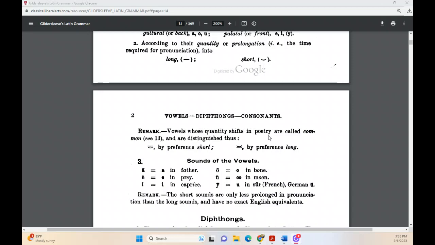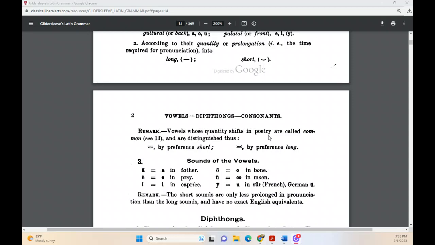This will become important when you learn to read Latin poetry, if you learn to read Latin poetry, because Latin poetry, when you read it, will have to fit into the rhythm of the line. So sometimes, to help the poets, they will change the quantity of a vowel in order to make it fit into the meter of the line of the poetry.